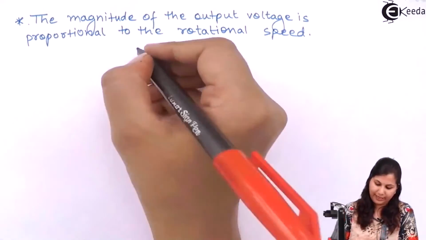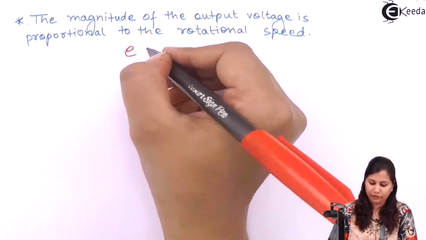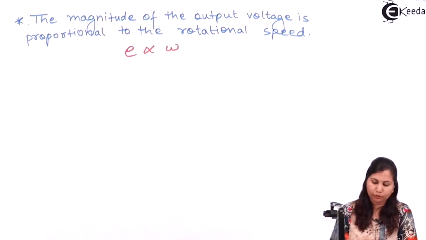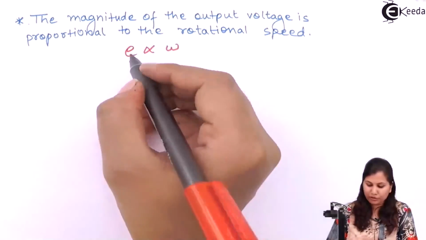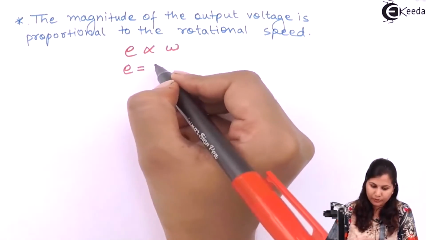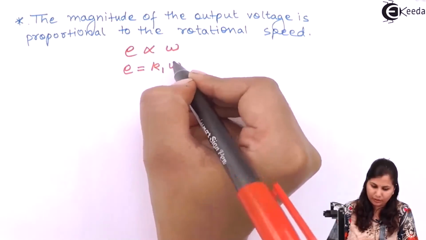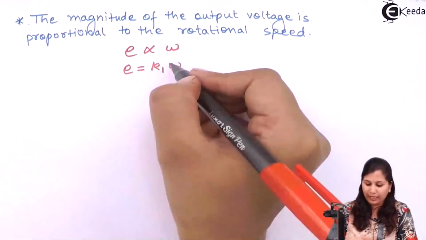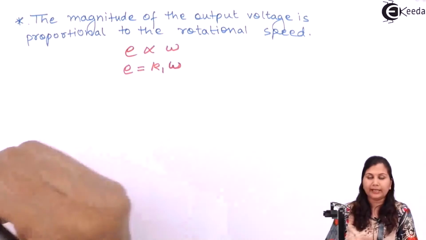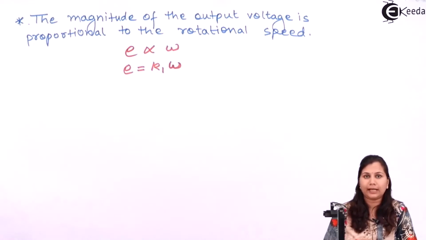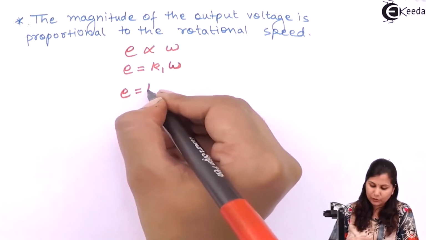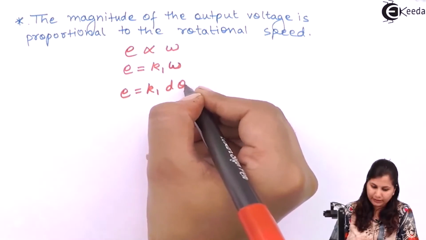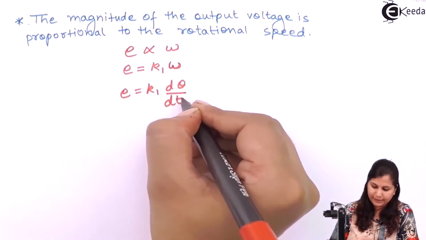So the output of the tacho generator, that is the output voltage, will be proportional to the rotational speed. So we can say that E is proportional to omega. Okay, now if we remove this proportionality sign, then we will introduce a constant here, E equals K1 omega, and we know that this rotational speed can be written as d theta by dt, that is the differentiation of the angular displacement. So E will be equal to K1 d theta by dt.